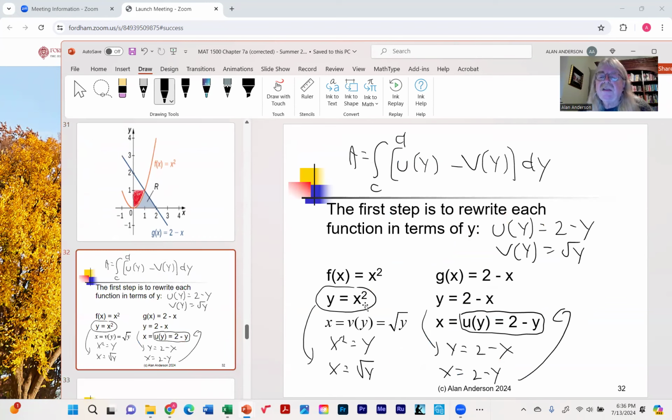So first we have to rewrite these in terms of y. Okay, so in other words, if y equals x squared, that implies that x equals radical y. And if g of x is 2 minus x, that implies that x equals 2 minus y. And then furthermore, we'll let the first function become v of y.